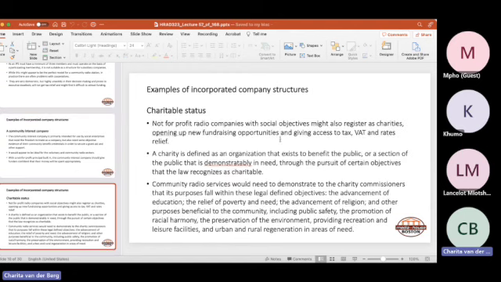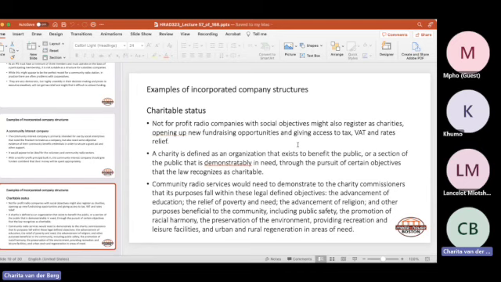So the next type we get is charitable status. Not-for-profit companies or companies with social objectives might also register as charities, opening up new fundraising opportunities and giving access to tax and VAT and rates relief.